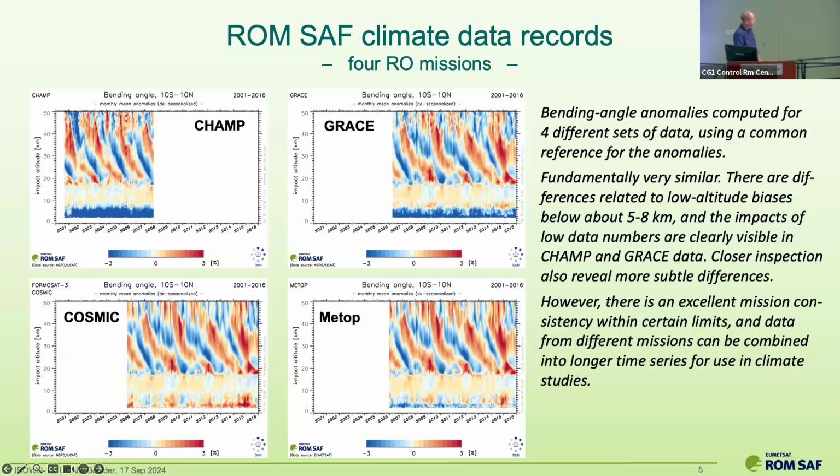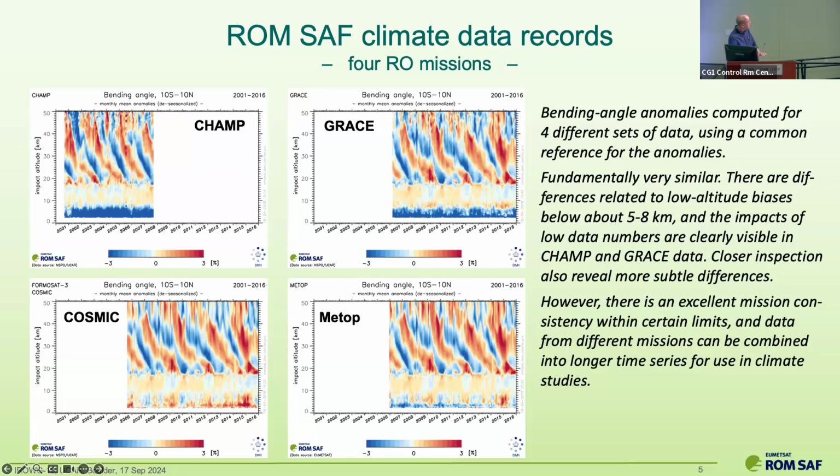After the generation of this data record, we spent quite a lot of time trying to understand the actual intermission differences. Just by eye, you can see that low down in the troposphere there are quite large differences, in particular compared with the earlier missions. But also higher up in the atmosphere, there are some differences, let's say above 40 kilometers. For CHAMP and GRACE, you can clearly see differences due to the low data numbers.